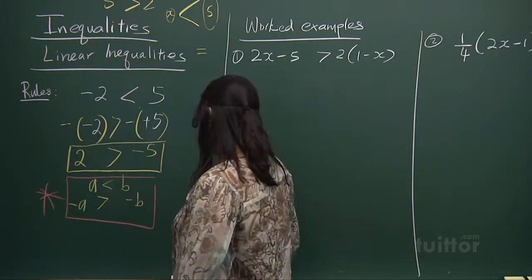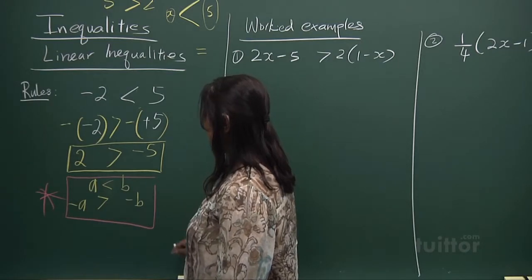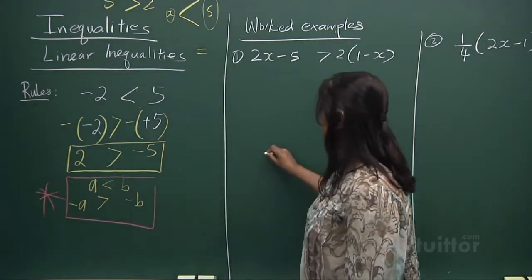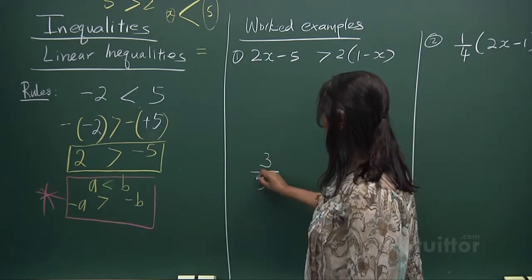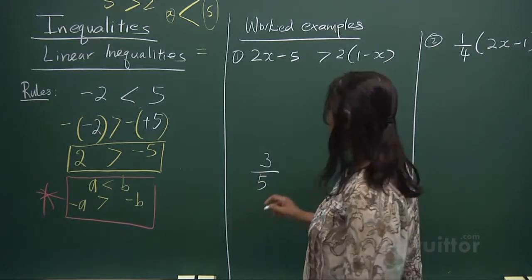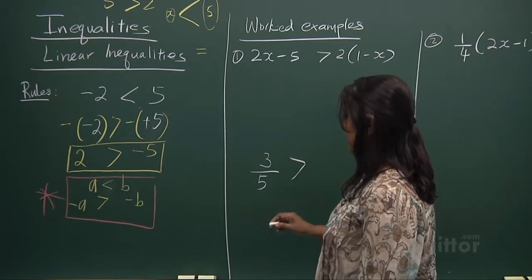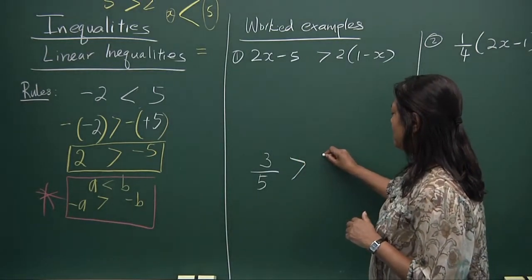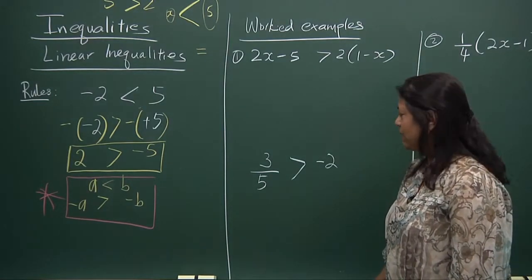Now the next thing is, if I have 3 upon 5, which is bigger than, shall I put it as minus 2? 3 upon 5 is bigger than minus 2.